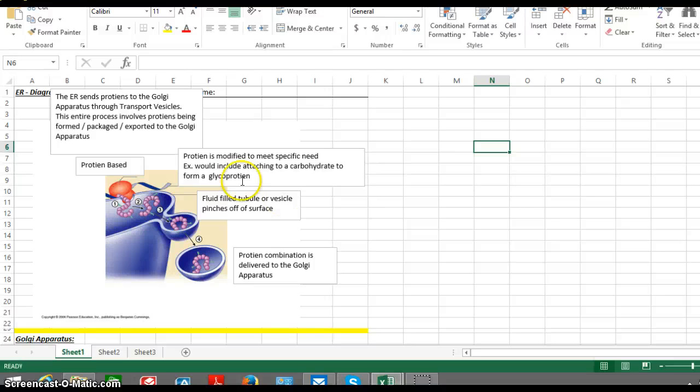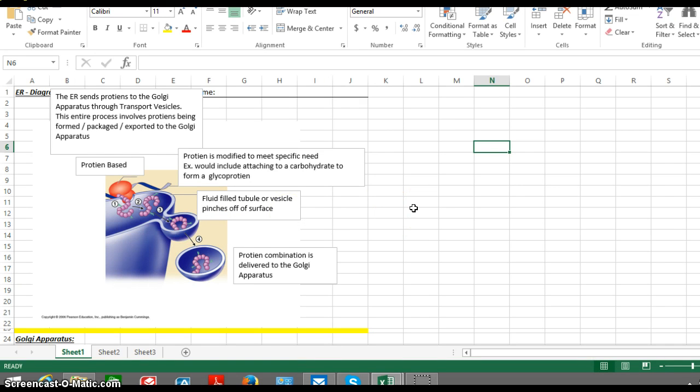So once again, at this point, you can see the transition between 2 and 3. The protein is modified in order to meet a specific need. Once again, that protein enters a fluid-filled tubule or vesicle. This component pinches off of the surface to create that individual carrier.